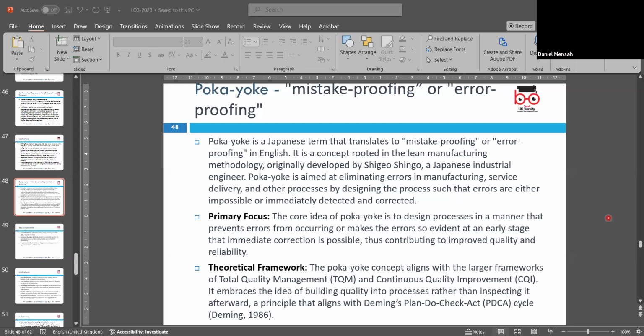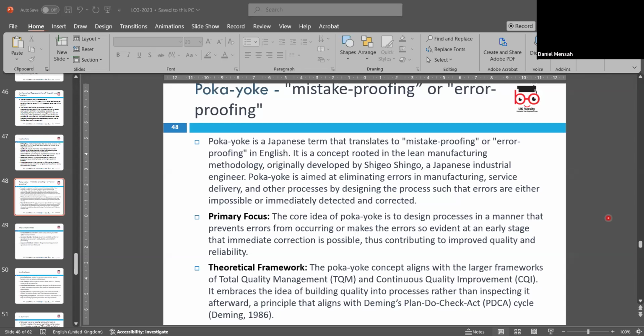They design the process in such a way that mistakes either cannot happen or are immediately noticeable and correctable, which leads toward higher quality and reliability in the final products or services. It tries to eliminate potential mistakes by making it impossible for errors to occur, or it implements systems that quickly highlight mistakes so they can be fixed on the spot.